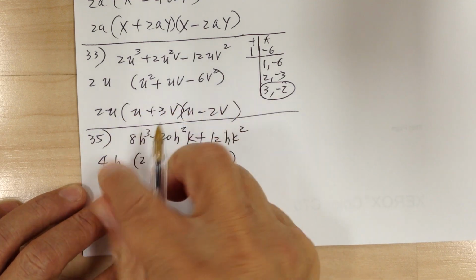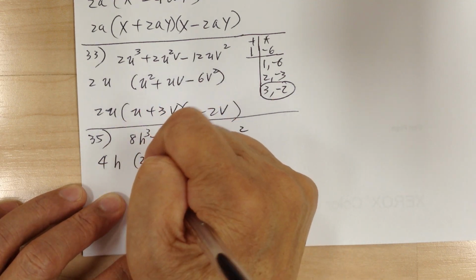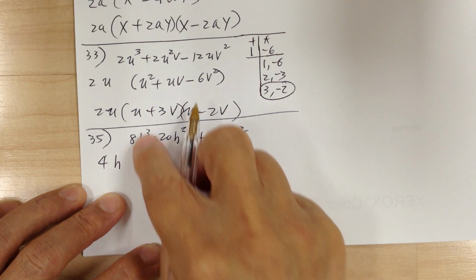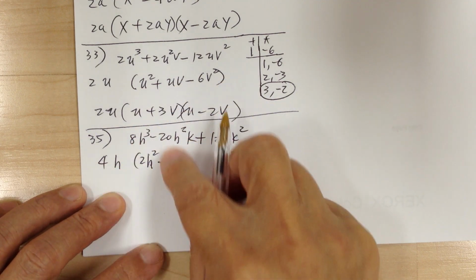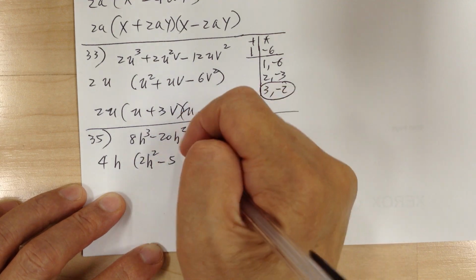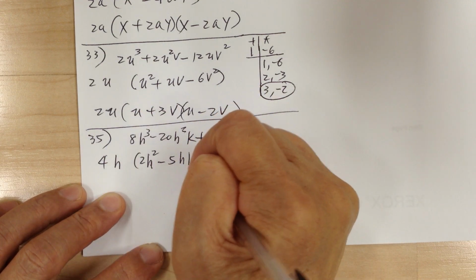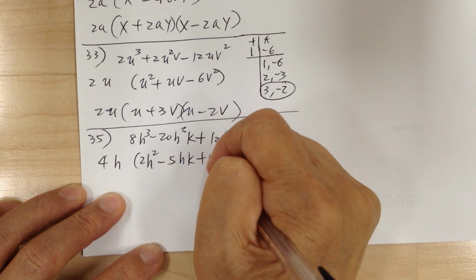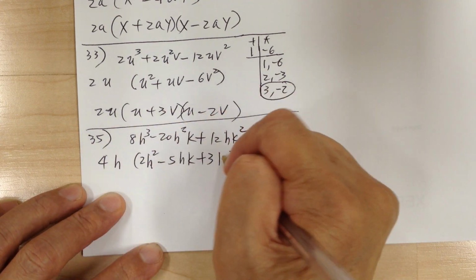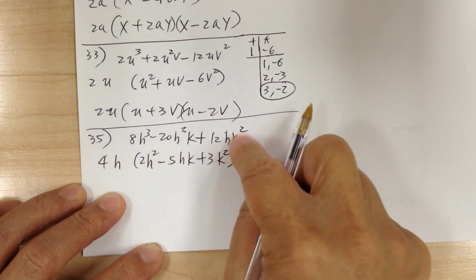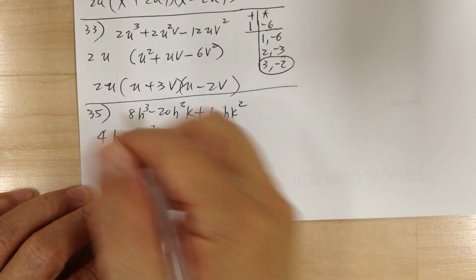So you're going to get 2: 4 times 2 gives you 8, and you need h squared, right? h times h squared gives you h cubed. Next one, you need to get minus 5: 4 times negative 5 gives you negative 20, and you factor out the h, so you get hk. Then this one you need to get 3: 4 times 3 gives you 12. The h is already factored out, so you need k squared. You can do a quick check to make sure you did it correctly.